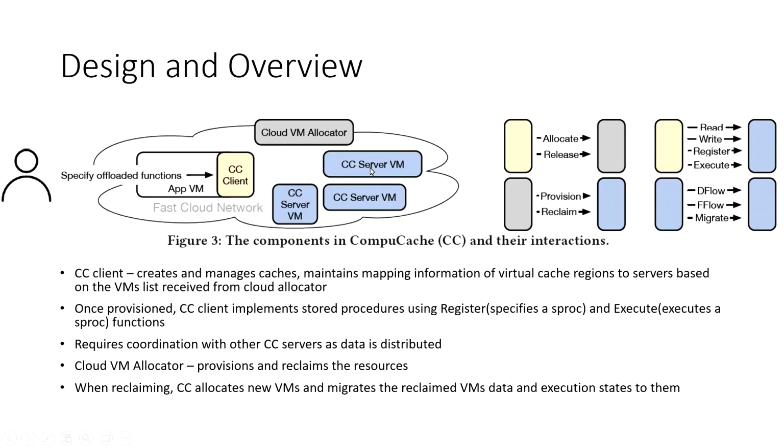If it can't even provide that, then it can provision a new VM, but eventually that new VM's data will also be transferred to the existing Spot VMs for cost efficiency. And as you can see, each server machine can communicate with other server machines using these particular commands: dflow, fflow, and migrate.